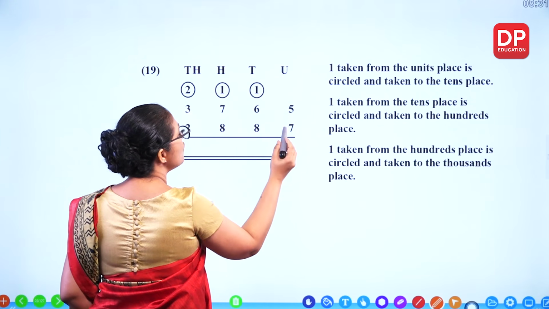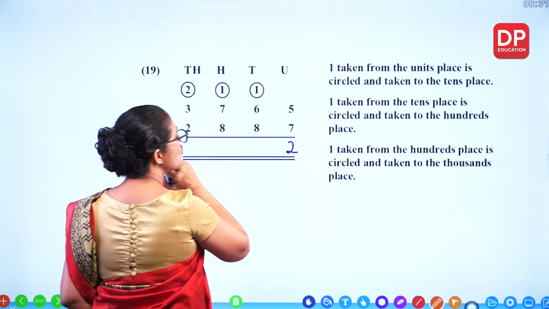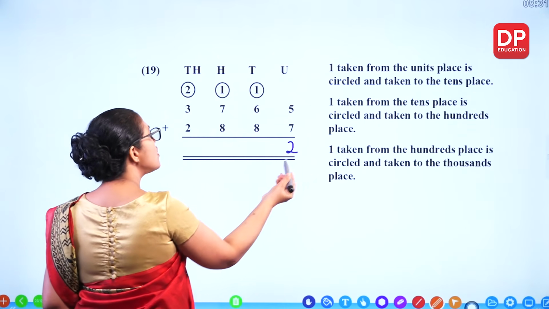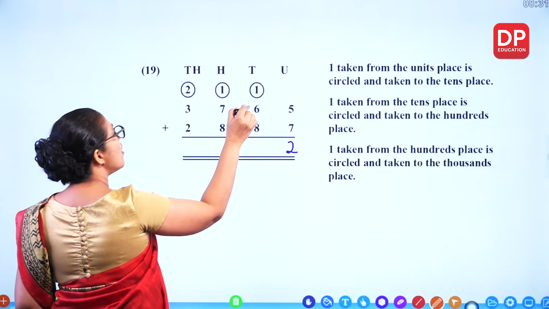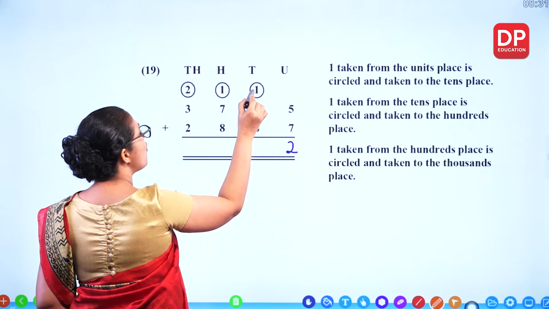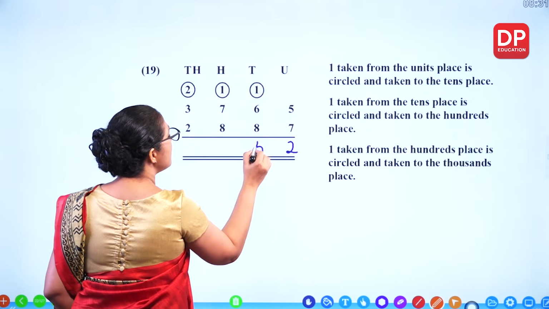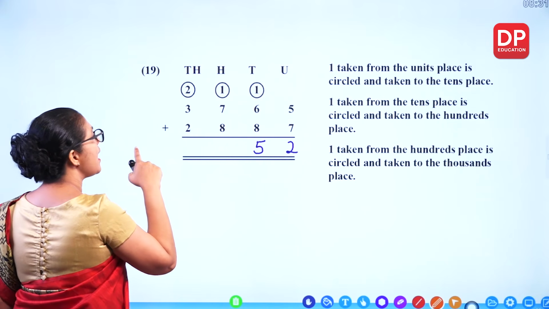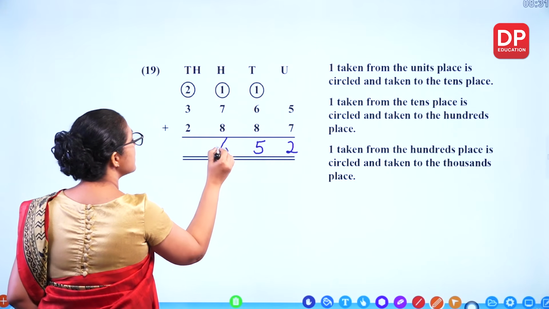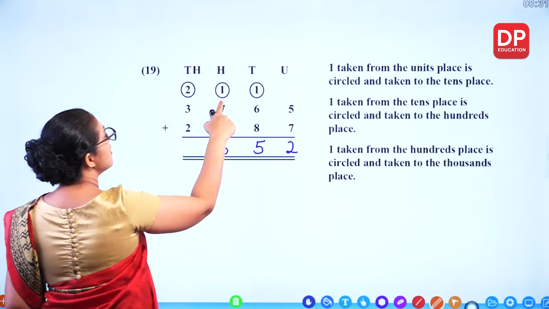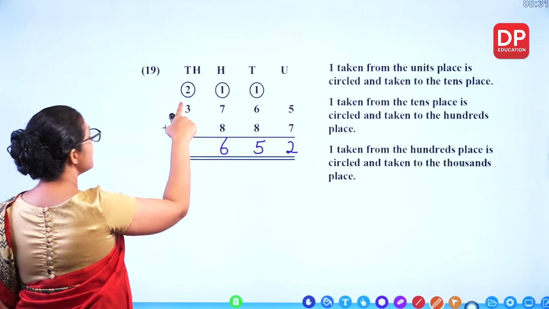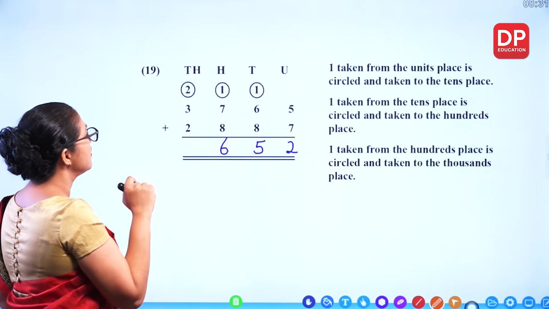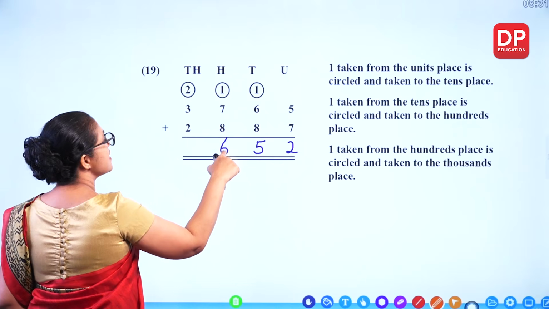7 plus 5. You write down the last digit. That's 12, 2 there. And you take 1 to the other side. 8 plus 6, 14. 14 plus 1, 15. Take 1 to this side. 1 plus 7, 8. 8 plus 8, 16. Take 1. So this is 1. 8 plus 8, 16.